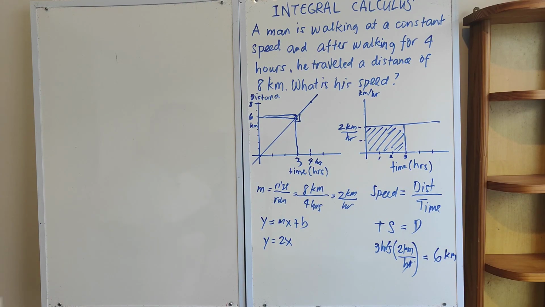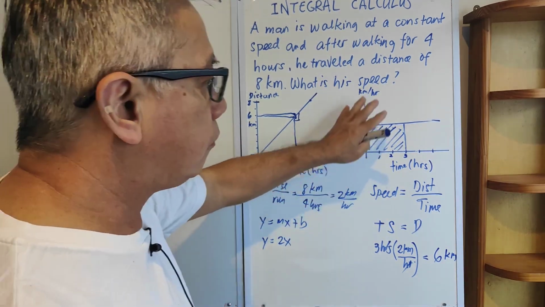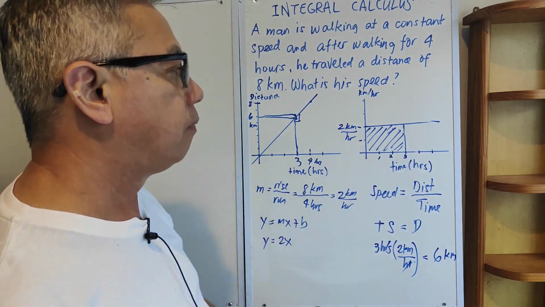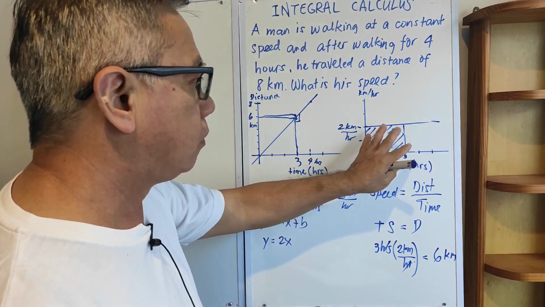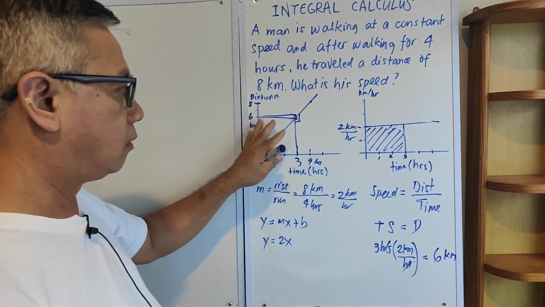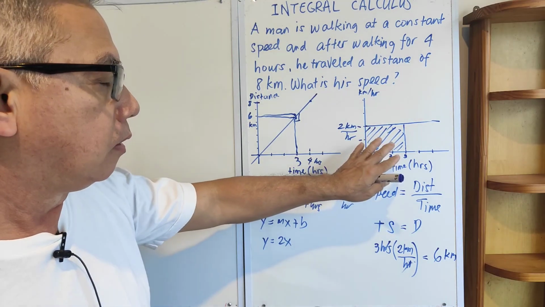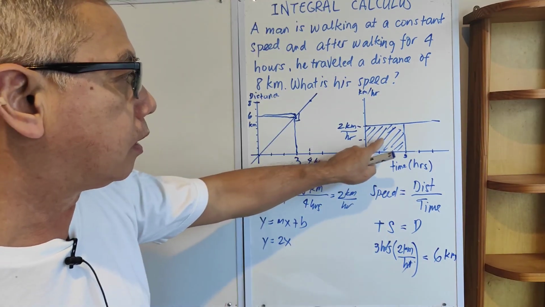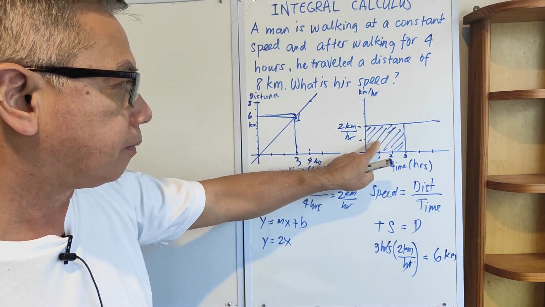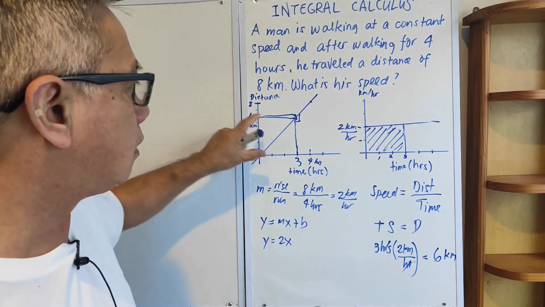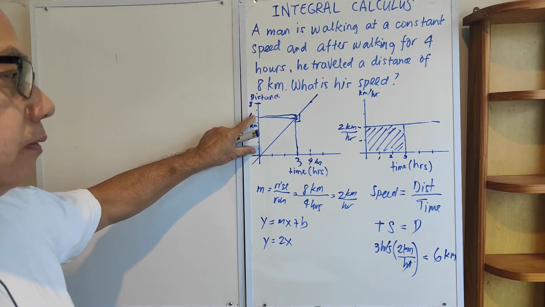Now, if we have this graph, and we want to go to this graph, we can use integration to get this one, and then we can find this area. This area is equal to the height of this graph.